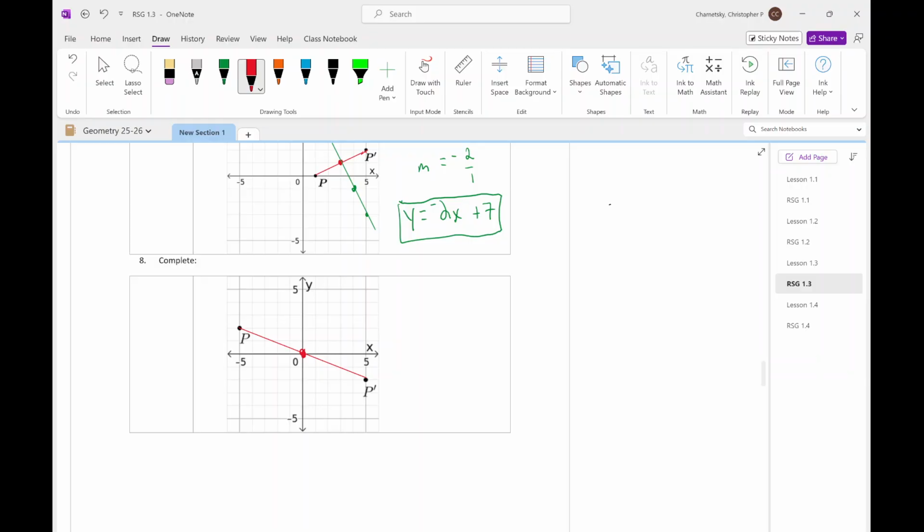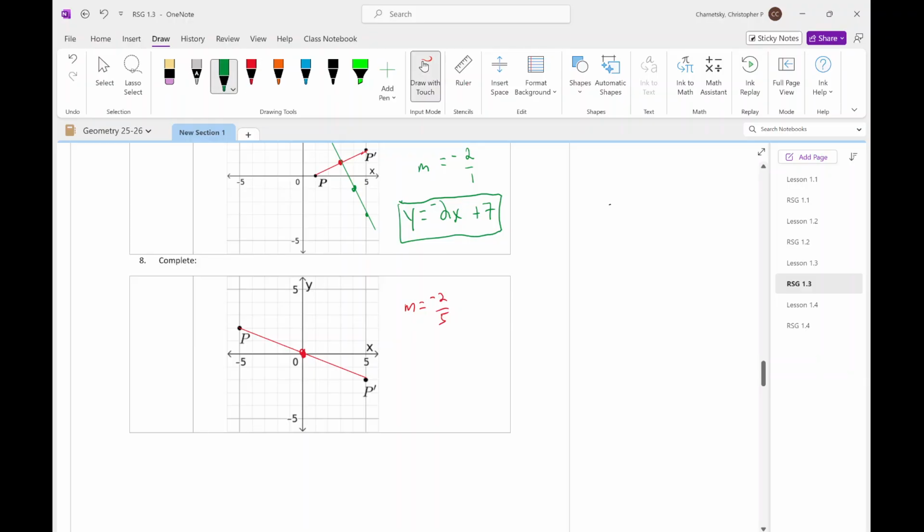The slope of this line is going to be down 2 over 5, so two-fifths as our red line slope here. So our coordinate slope between P and P prime.